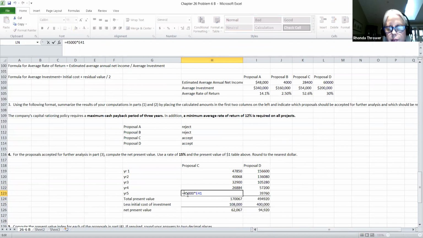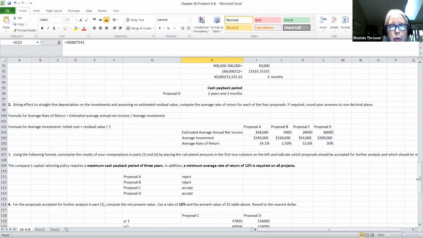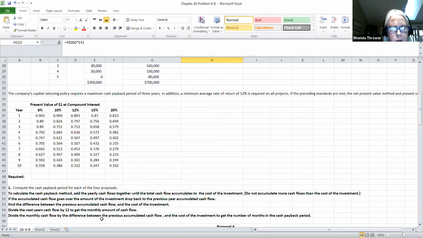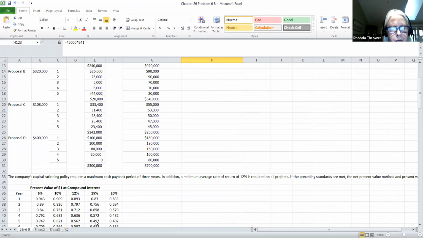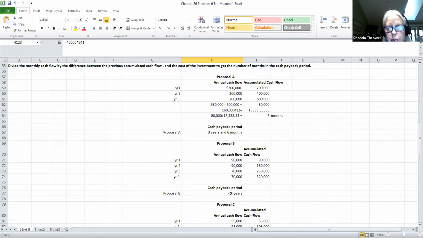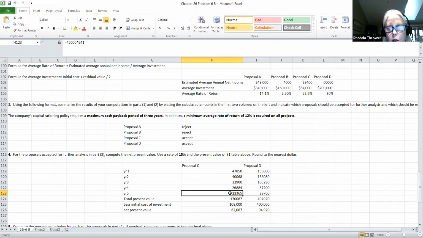And we do it for the last year, year five. We're going to take the cash flow, which was 45,000, and multiply it by 0.497 to get the present value in year five. We're going to combine all of these together to get the total present value. Then we compare this total present value to the initial cost of the investment.